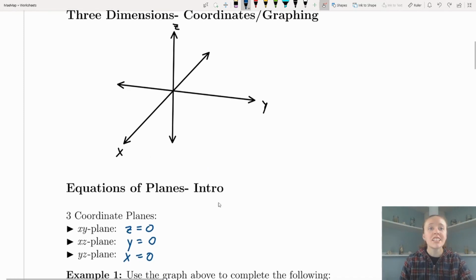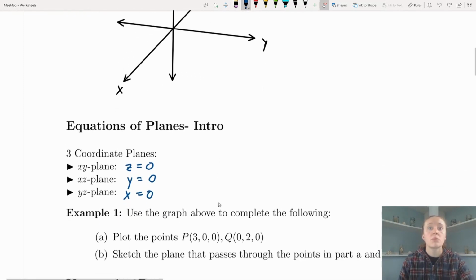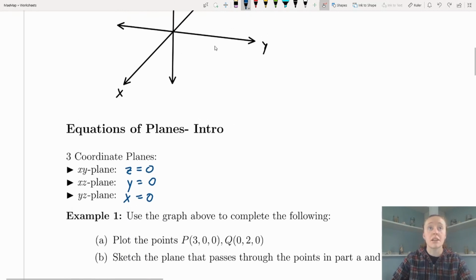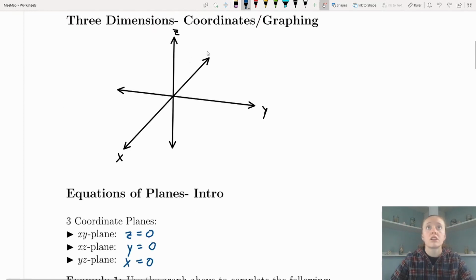Now let's get into actually plotting some points. So we're going to use this coordinate system I've set up above to plot the points P and Q, where P is the point (3, 0, 0), and Q is the point (0, 2, 0). So let's think about labeling this quickly. If I did X, remember positive X is coming towards me, so I'll do X of 1, 2, 3, and 4, and then we'll have negative 1, negative 2, negative 3, negative 4.